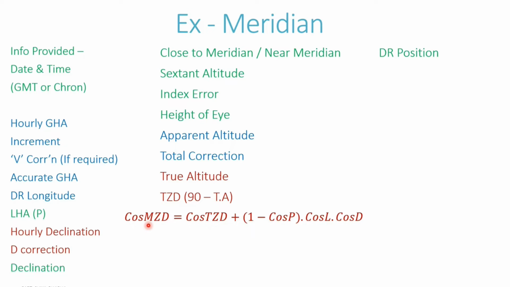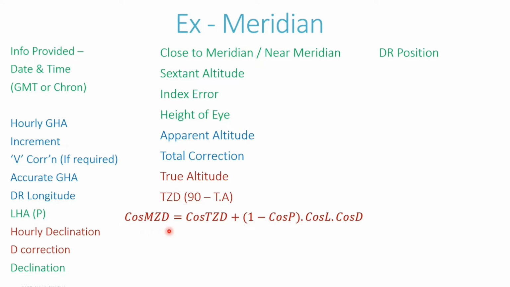So we can calculate the MZD, though it is not a Mer Pass sight, it is taken before or after meridian passage. Still, using this we can calculate the MZD, and this MZD can be combined with declination in the same way as was done in a Mer Pass observation to get the observed latitude. So that was the whole purpose of Ex-meridian.